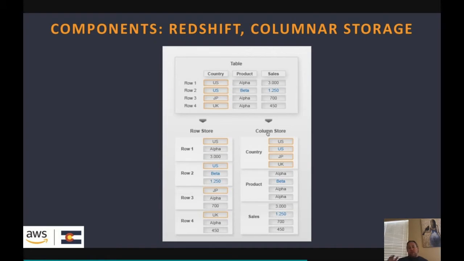If you shift into columnar storage, you've got information starting to be grouped together based on the individual columns. So at this point, if you wanted to run some analytics and figure out, say, which product is selling the best, analyzing the columns of product and sales together would lead you to that answer.